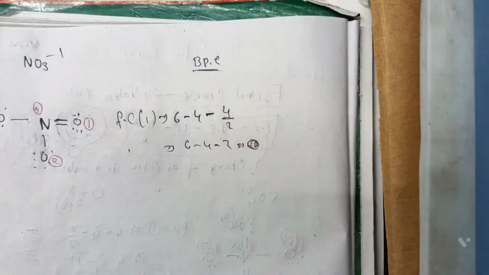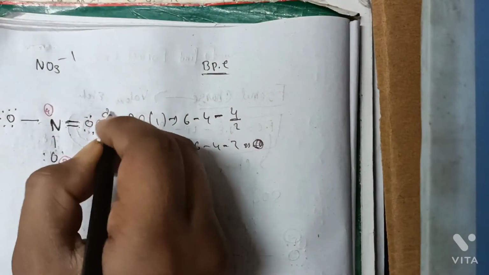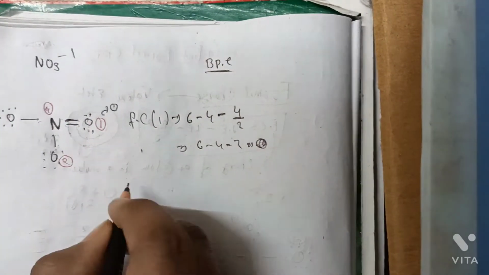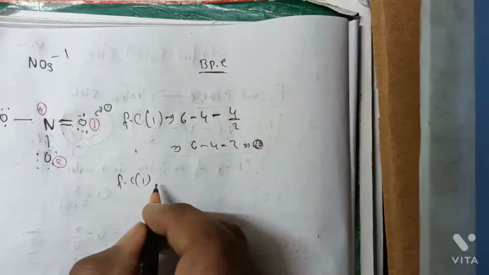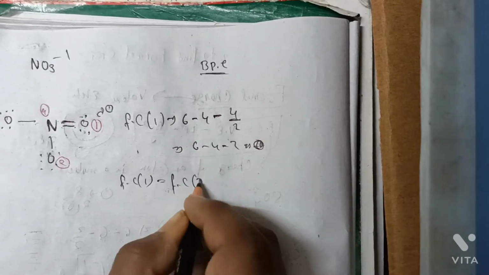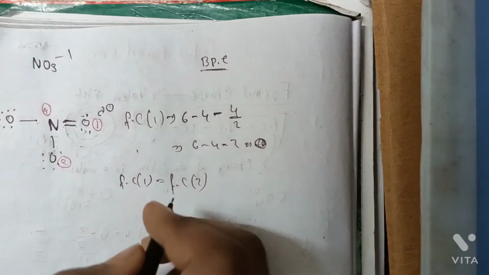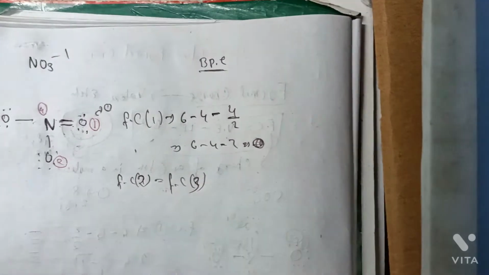That means for number 1 atom there is no charge, 0. For number 2, the formal charge equals the number 1 formal charge.